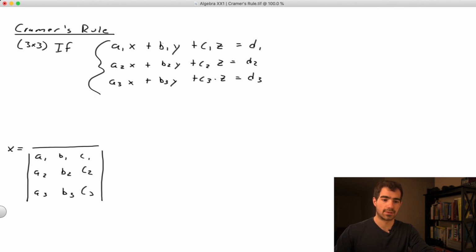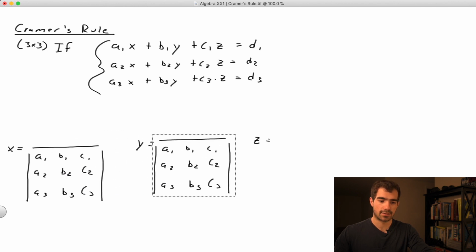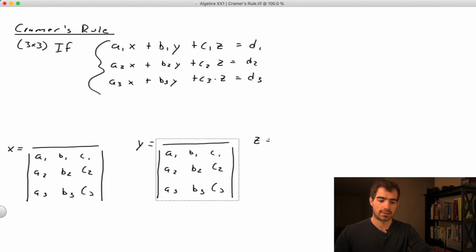And in fact, because this is the same for x, for y, and for z, I'm just going to copy and paste and slide that over for each of them.